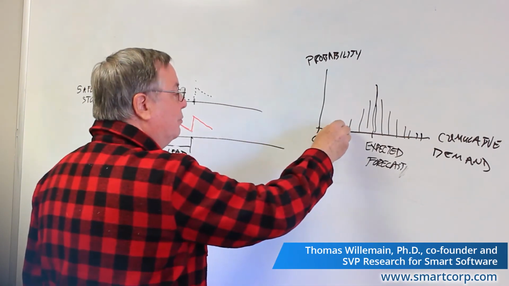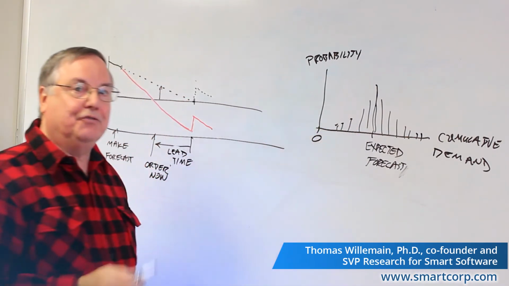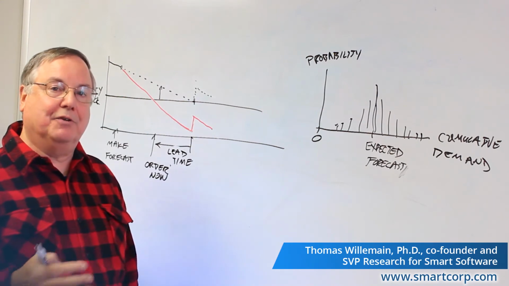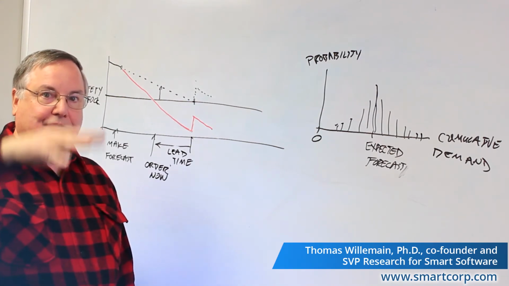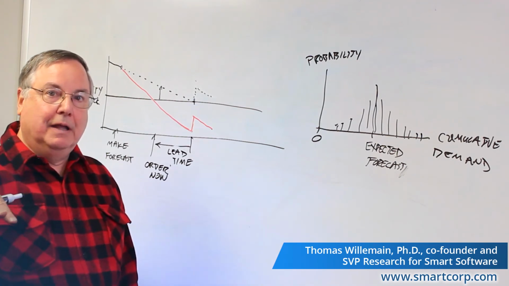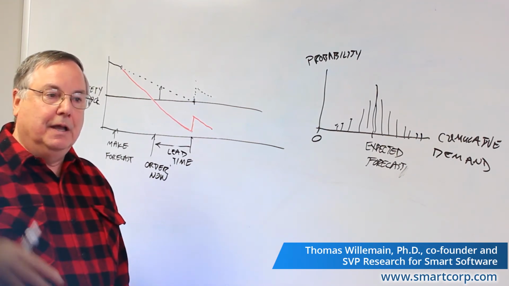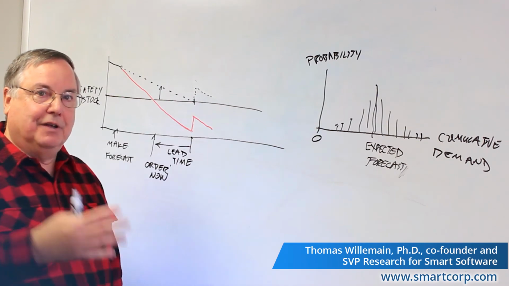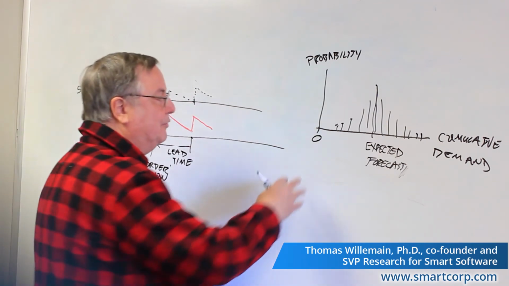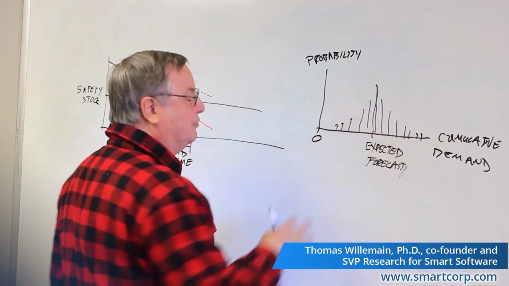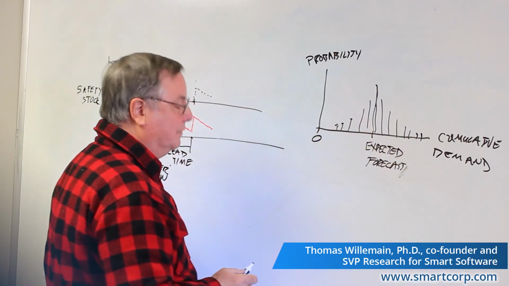The heights of these would come from an analysis of the variation in demand over time. Because the demand is never rock solid, it's always bubbling up and down, and that creates the uncertainty, and it gets compounded when you add together uncertain demands over a lead time. So you have this picture of the possible values of cumulative lead time.